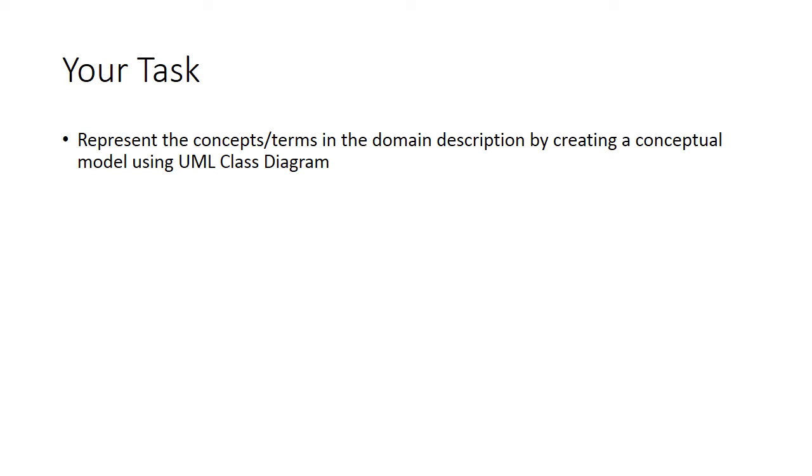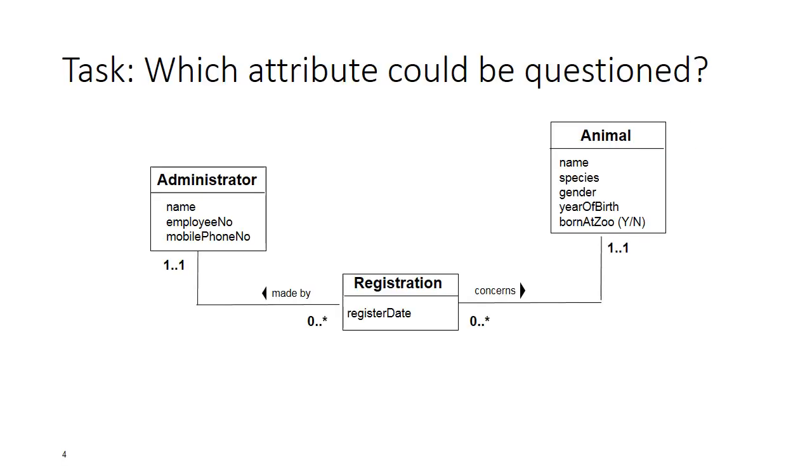Your task is to represent the concepts and terms in the domain description by creating a conceptual model using a UML class diagram. Here is another guideline, and this guideline regards event action classes. These are the classes that have a date as an attribute.